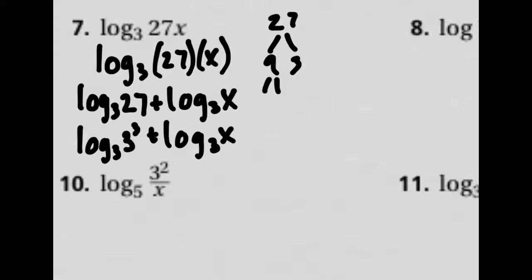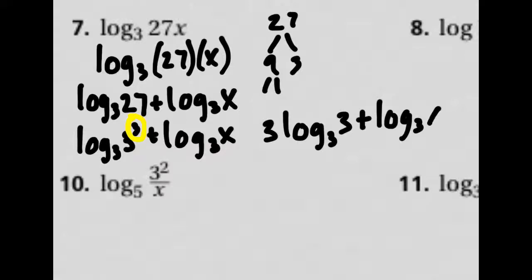And now I can take that power of 3, that exponent, to the front. And now my almost final result will be 3 log base 3 of 3 plus log base 3 of x.